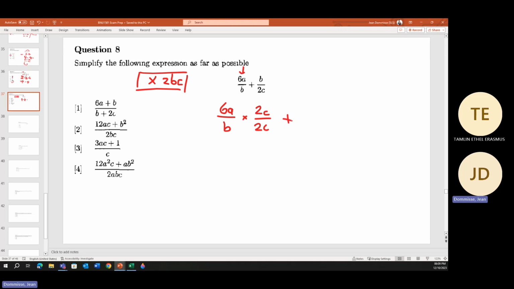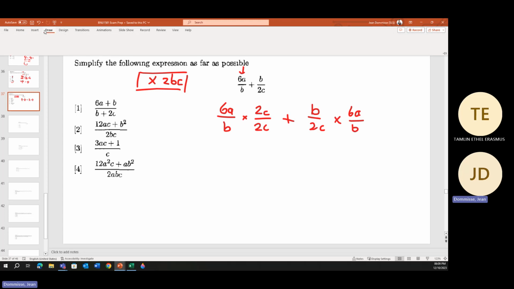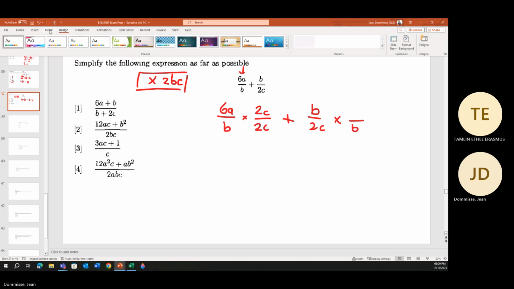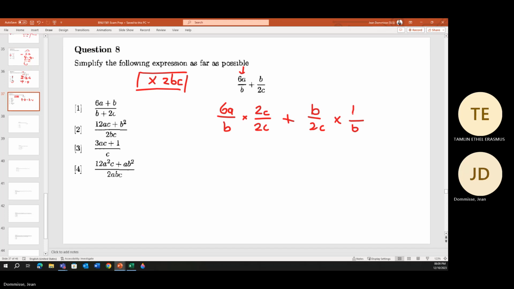And then on the other side, we have b over 2c that we are multiplying by, sorry, where am I getting that? I was now looking at the other one that we're multiplying with b over b.